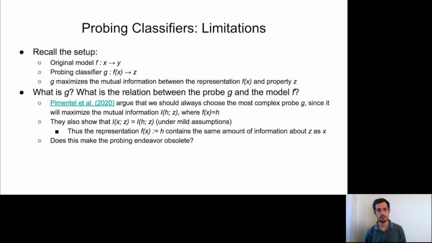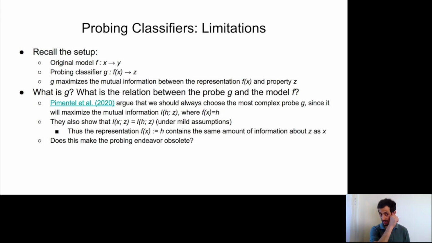So if the probe maximizes the mutual information, and that's what we want, we should take the most complex probe. They even show that, under some assumption, the mutual information between the representation and the linguistic property is the same as the mutual information between the input and the linguistic property.